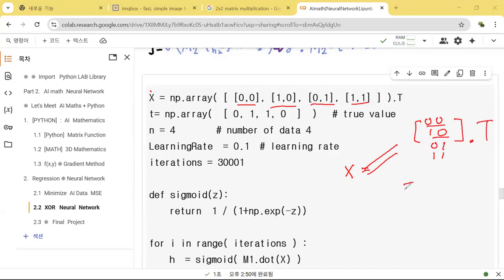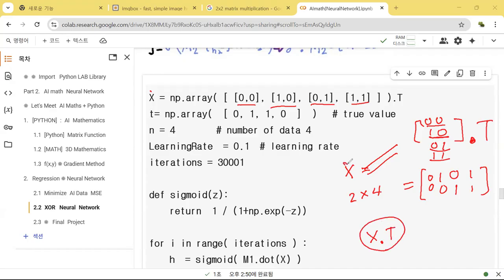Transpose means the first row vector becomes the first column vector, and the second row becomes the second column, 1, 0, 1, 0, 1 is now third, 0, 0. So X is in fact a 2 by 4 matrix, 2 by 4.